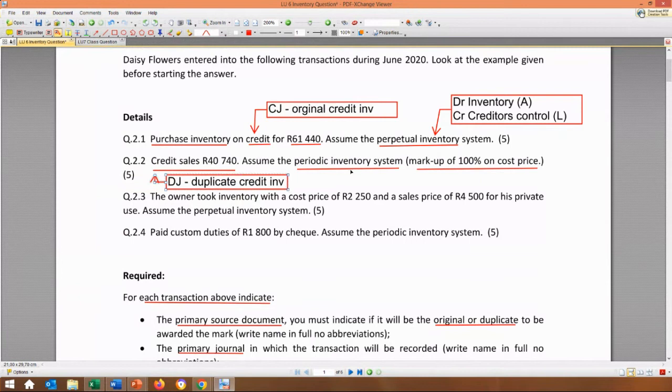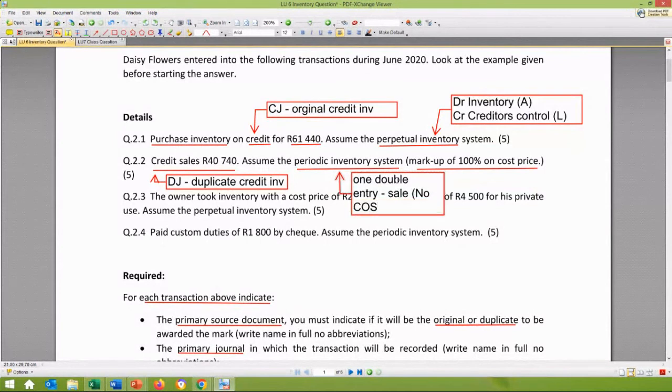Okay, because we're on the periodic inventory system, when we have a sale, we only have one double entry transaction. So there's one entry. Let me just write the double entry. And that is for the sale. So there is no cost of sales required.